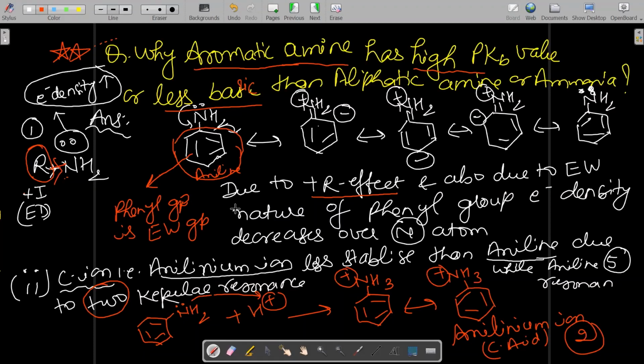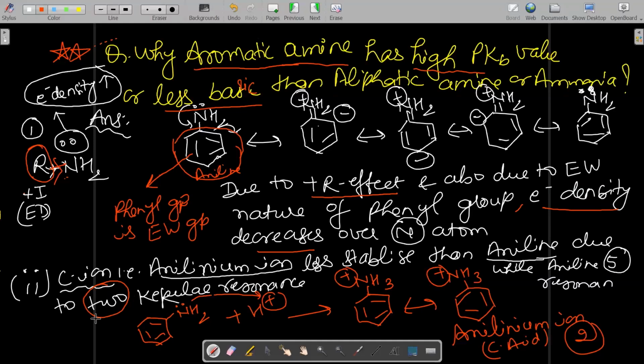So simply what you can write, why it is less basic: due to plus R effect and also due to the electron withdrawing nature of the phenyl group, the electron density decreases over the nitrogen atom. And when electron density decreases, it has less tendency to donate its lone pair and accept proton, right? So first is electron density decreases due to plus R effect and due to the electron withdrawing nature of the phenyl group, okay?